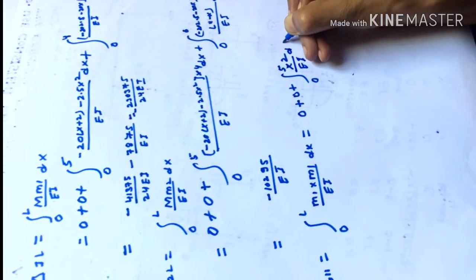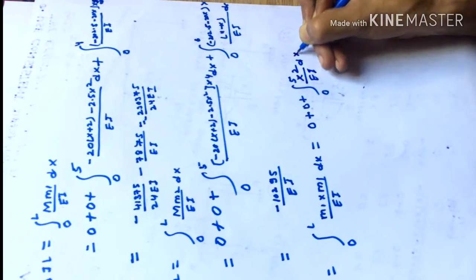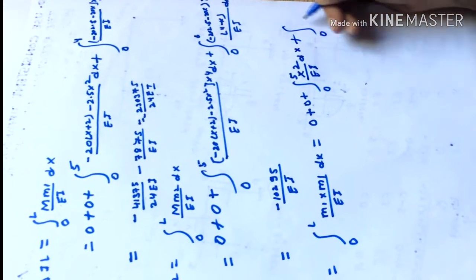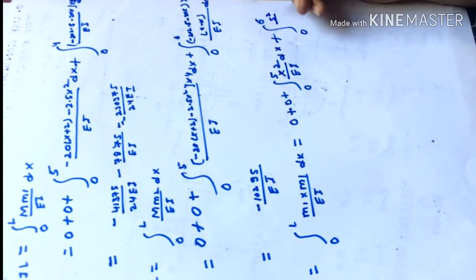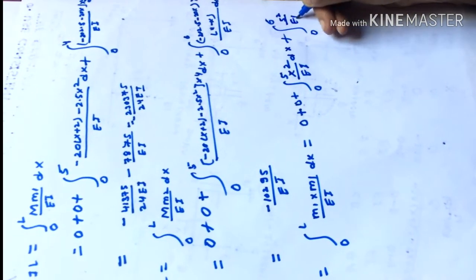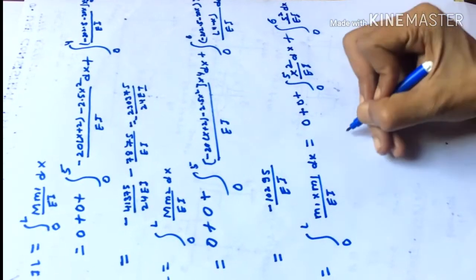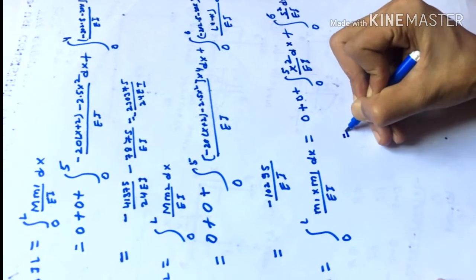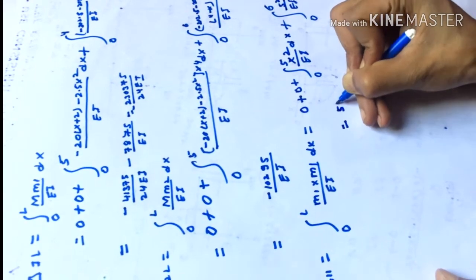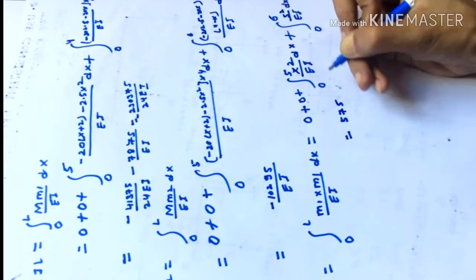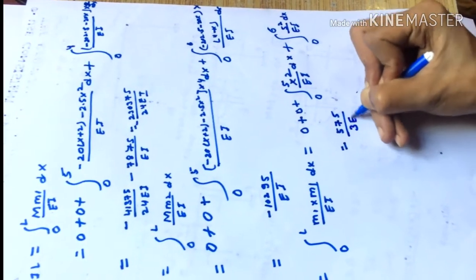And for another portion, in figure we can see moment is 5, that is 5 squared by EI dx. On calculating, we get del 11 is equal to 575 divided by 3 EI.